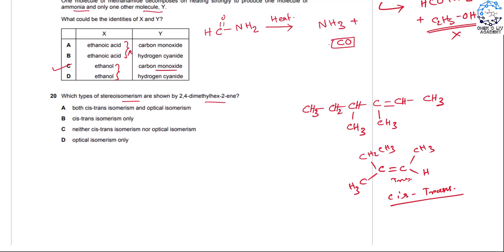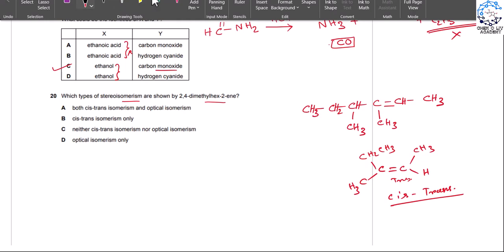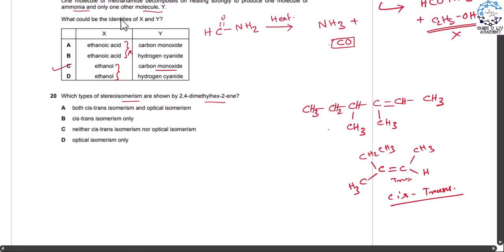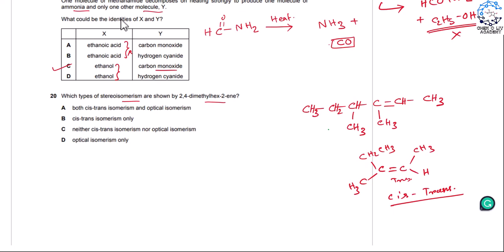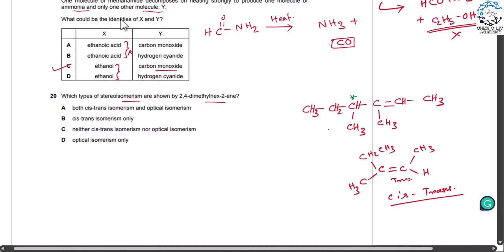Apart from cis-trans, what else are we getting? A wonderful observation: you need to find if there is any carbon atom which has all 4 different groups. I can see this carbon atom has all 4 different groups.